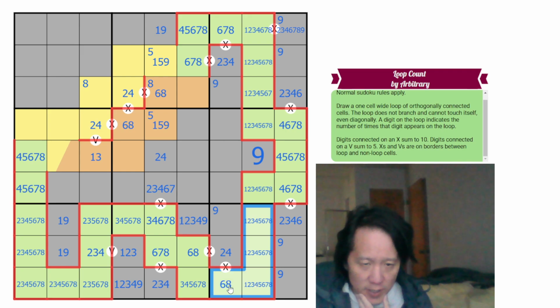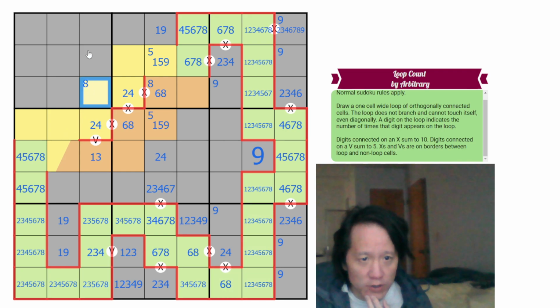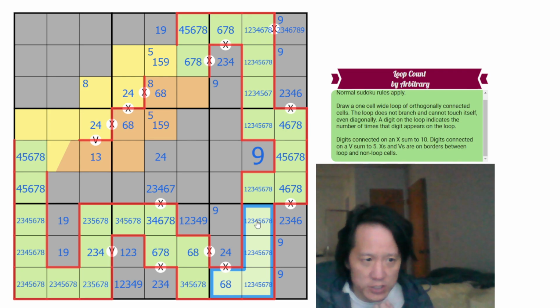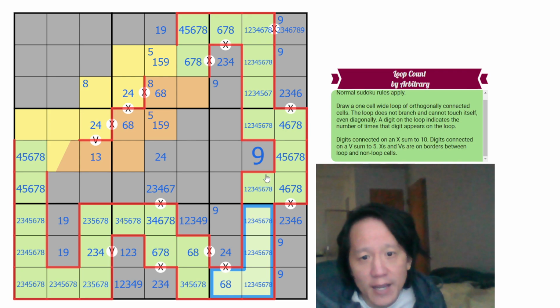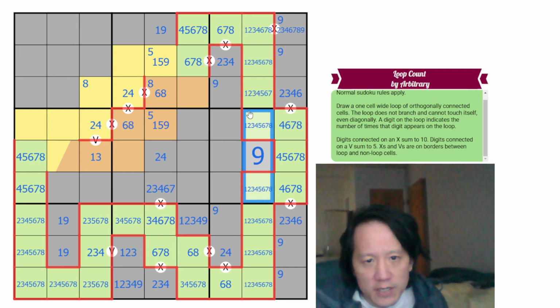It has to be on the loop because we know either box 1 doesn't have an 8 or box 5 doesn't have an 8. Therefore, in box 3, it's in one of these 4, which is column 7, column 8. And in box 9, it's in one of these 4, which is column 7, column 8. Therefore, there cannot be an 8 in column 7 or 8 because those are eliminated by these 8s.